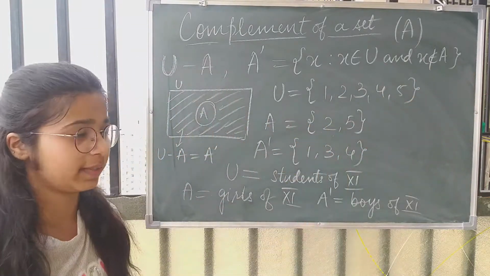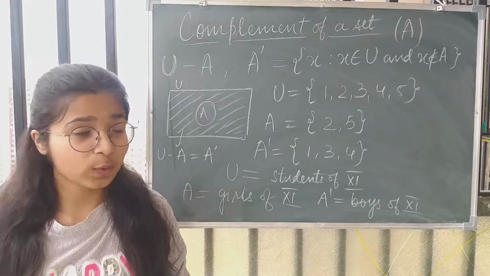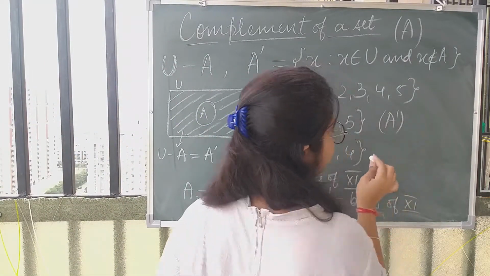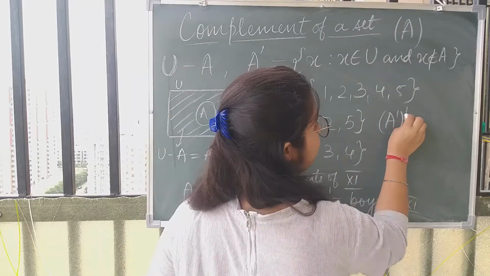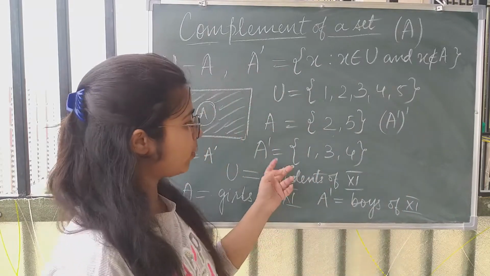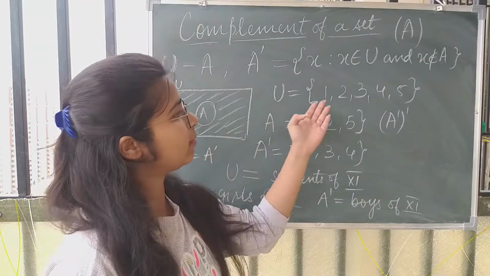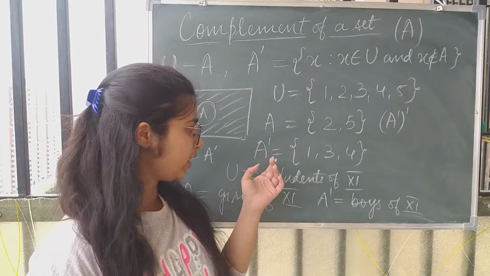Also, you should know that when we find the complement of a complement set, that means अगर मैं A complement का complement निकालूं, so A complement क्या है? ये. And इसका complement क्या होगा? All those elements of U which are not there in A complement.